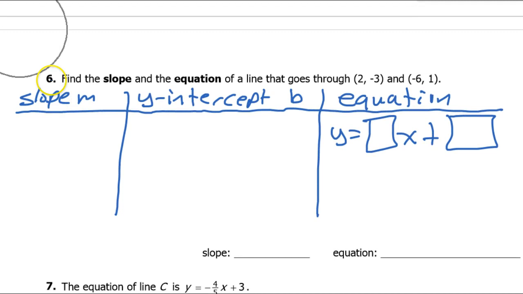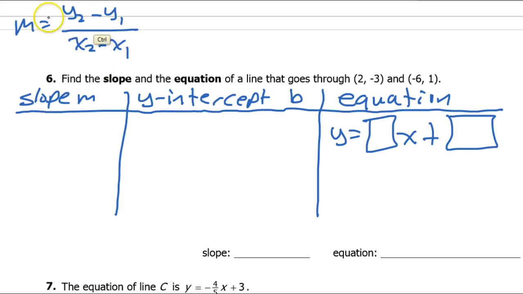Well, the slope goes like this. That's exactly right. Y minus y over x minus x. That's why I'm going to do 1 minus -3. Hey, watch out for this, guys. Common mistake. A lot of students will accidentally put 1 minus 3 right here.